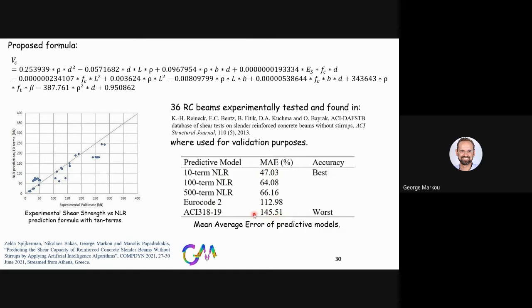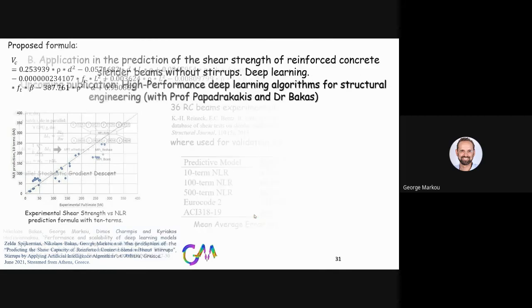So this shows the possibilities here and the ability, let's say, in the future to develop even more accurate formulae and replace the semi-empirical formulae that are currently valid and used by thousands of designers across the world.